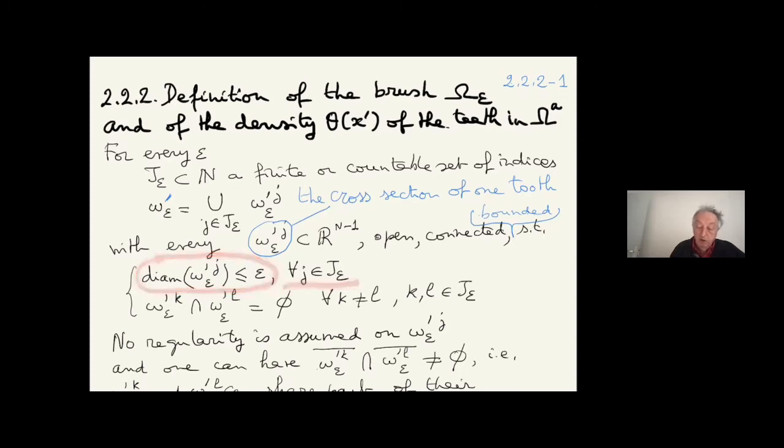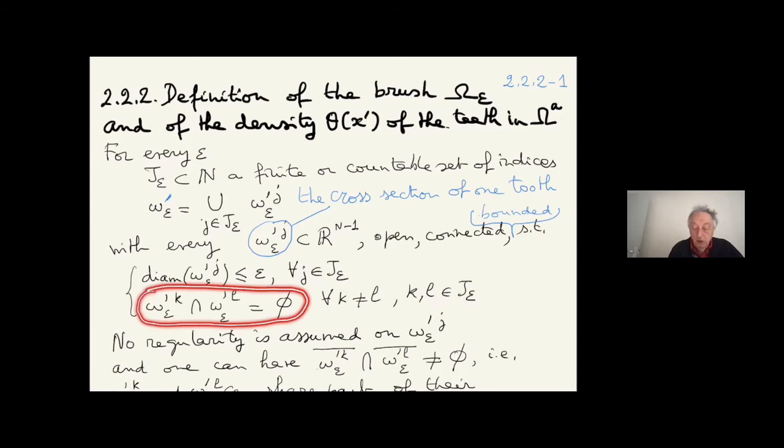And this is the first condition. So those are small sets, small cross-sections. So the cylinder will have a small diameter. And the second condition is that for every k different from l, with k and l in the set of indices J_epsilon, omega_k^epsilon and omega_l^epsilon have an empty intersection.